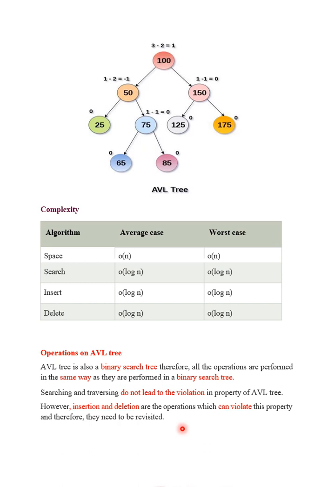An AVL tree performs operations just like a binary search tree, but if the balance factor is not -1, 0 or 1, we have to rebalance it. However, insertion and deletion are the operations which can violate this property, so they need to be revisited.